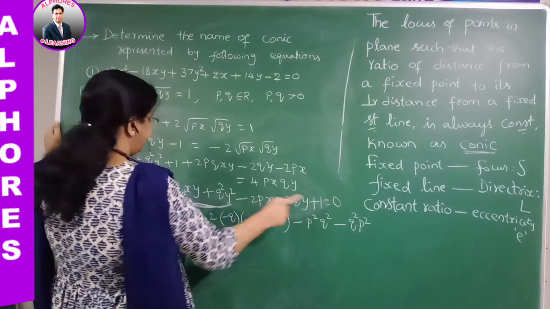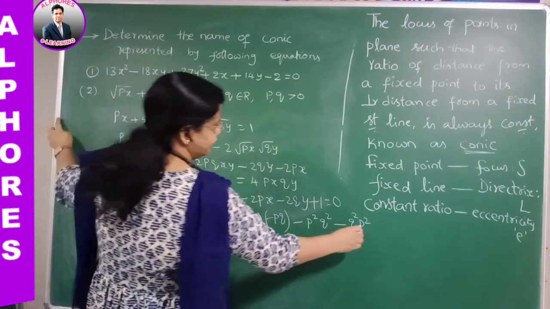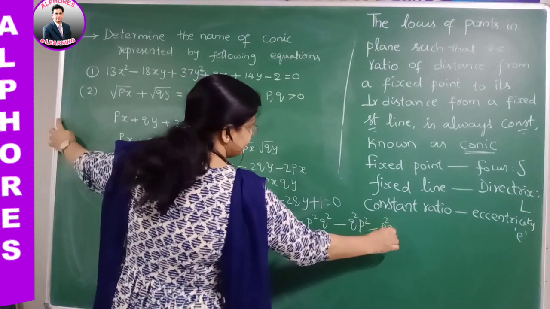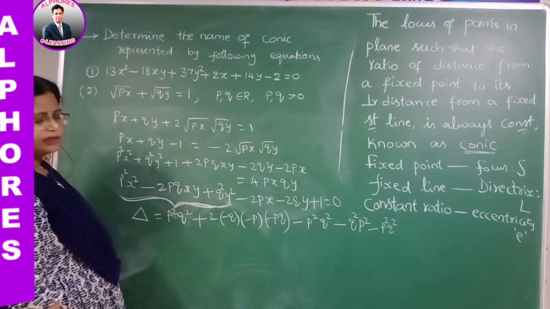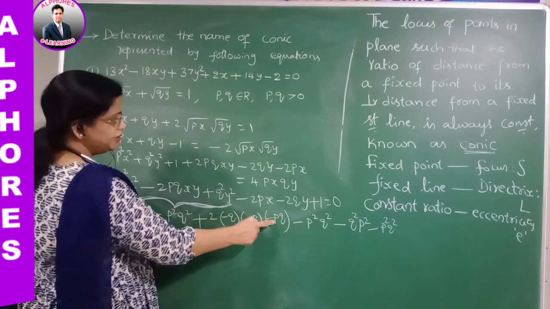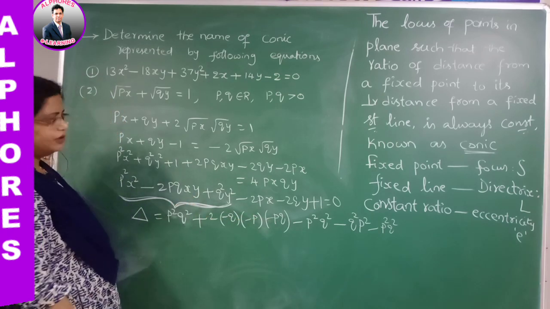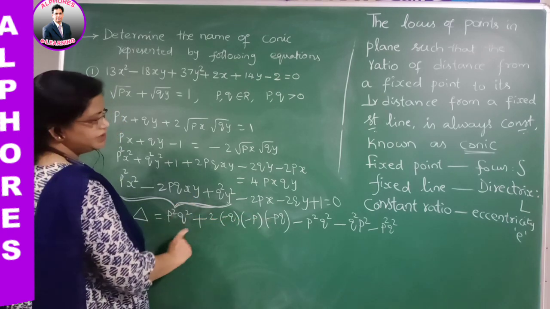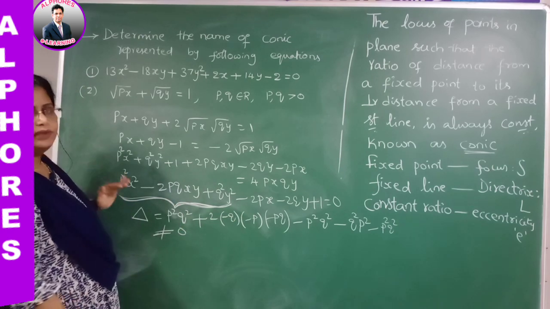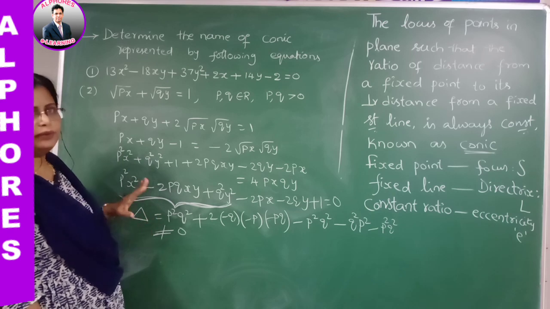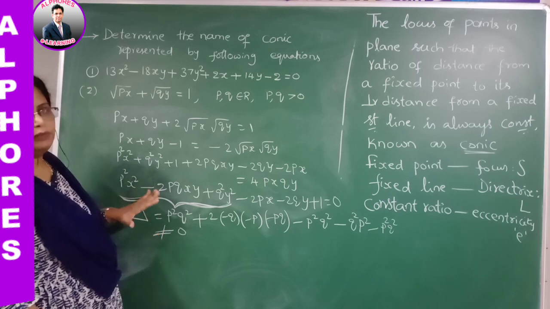C is this value 1, and h square is p square q square. So again you got minus p square q square. So as a whole you got 2p square q square, and minus 2 times p square q square. So minus p square q square in total implies delta is not equal to 0. So, students, what is the final conclusion? The conic is nothing but a parabola. Okay.